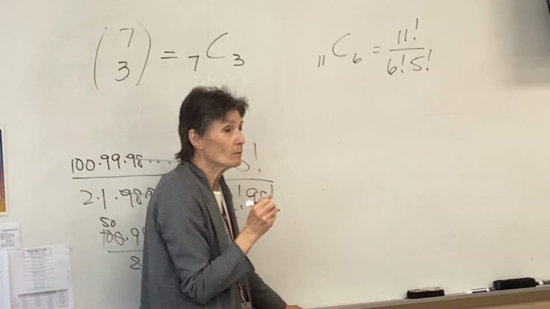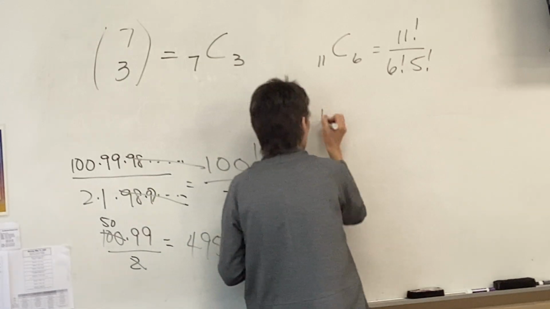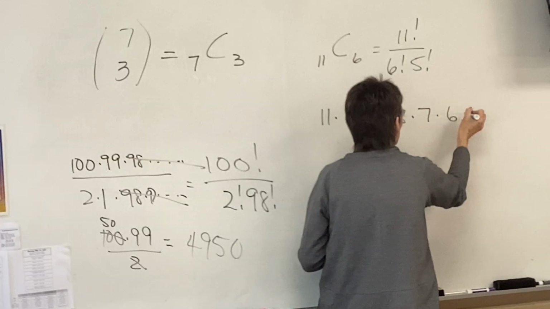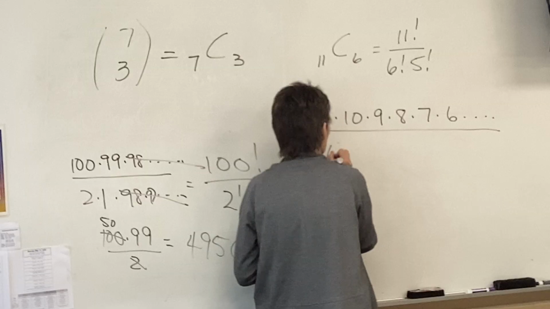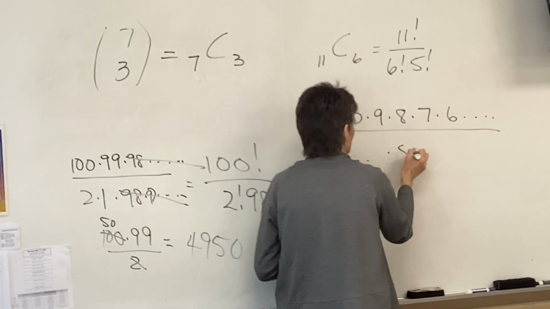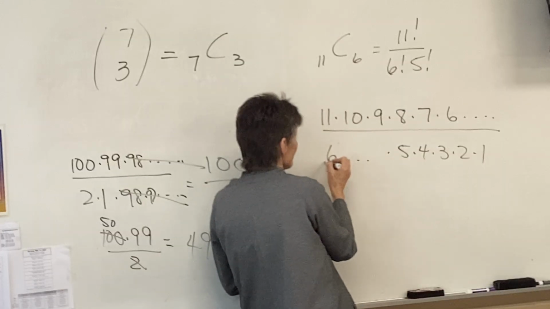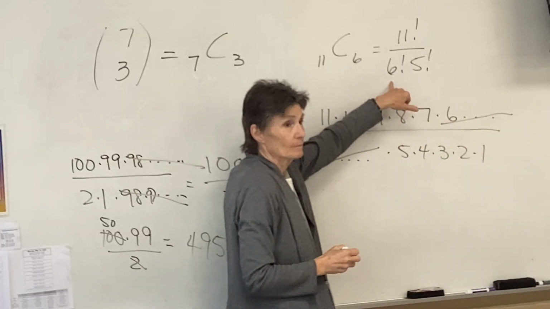Now you are welcome to write out all of this. If you want to write out everything, that is okay. But I'm not going to, because I know that everything from 6 on is going to cancel.